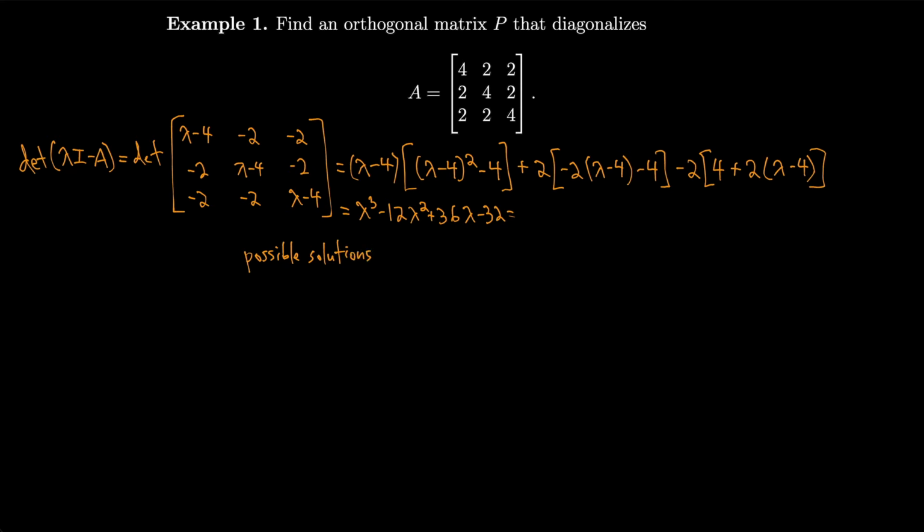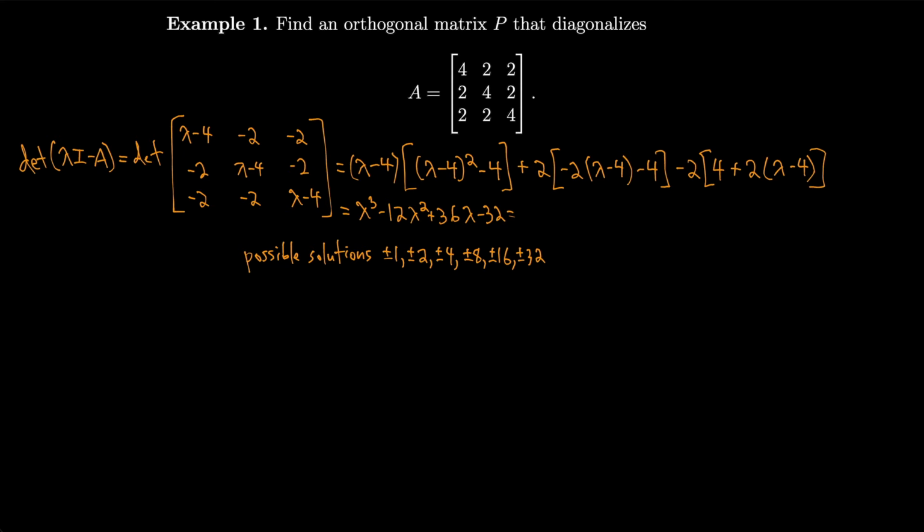I take this last number divided by the first coefficient, which is 1. So it's just going to be all the factors of 32. So that's plus or minus 1, plus or minus 2, plus or minus 4, plus or minus 8, plus or minus 16, and plus or minus 32. And the idea would be that you would keep dividing by these numbers, do long division until you hit one that actually works and gives you a remainder of 0.